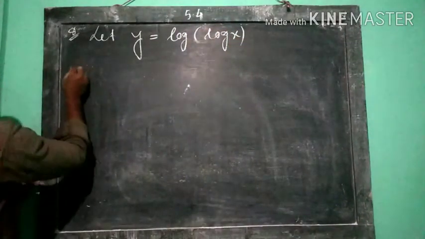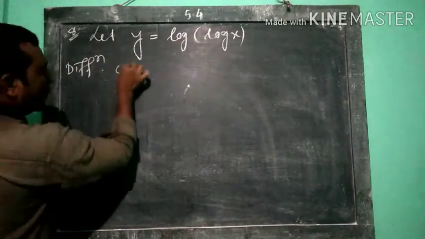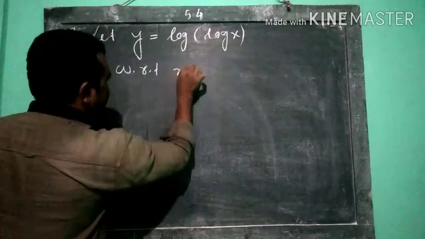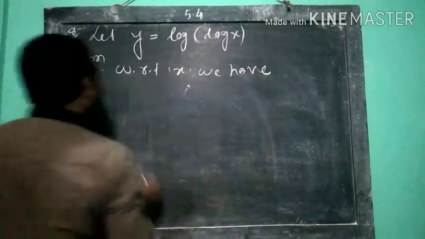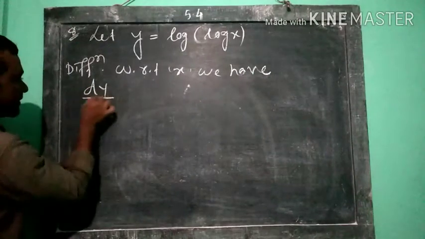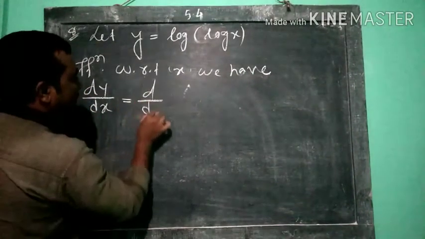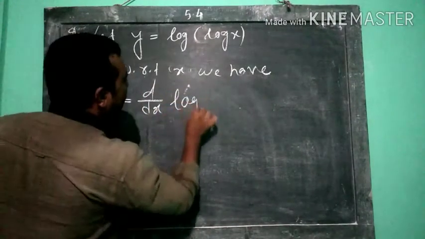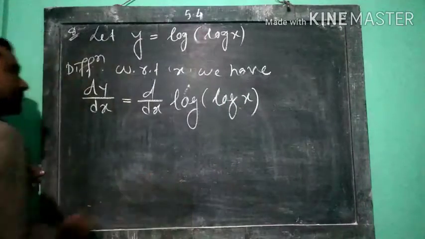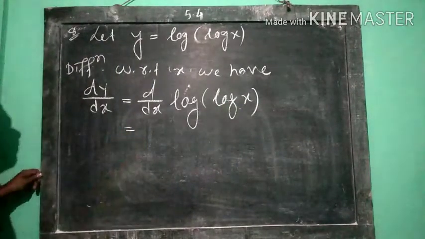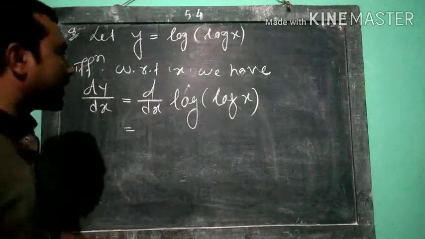Now differentiating with respect to x, what do we have? dy/dx is equal to d/dx of log x. We know the formula: d/dx of log x is 1 by x.